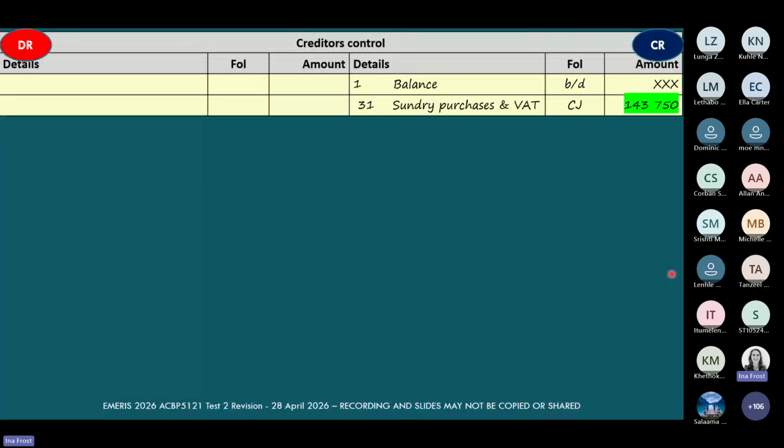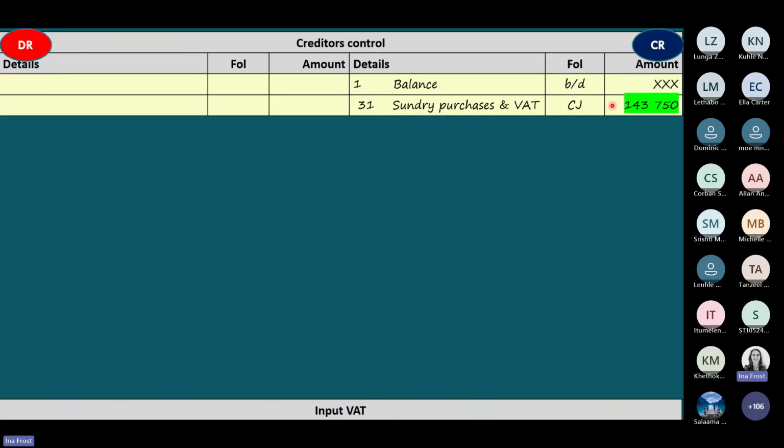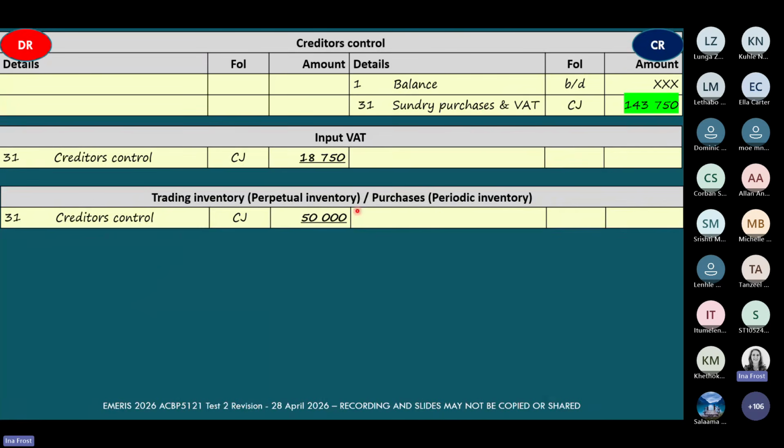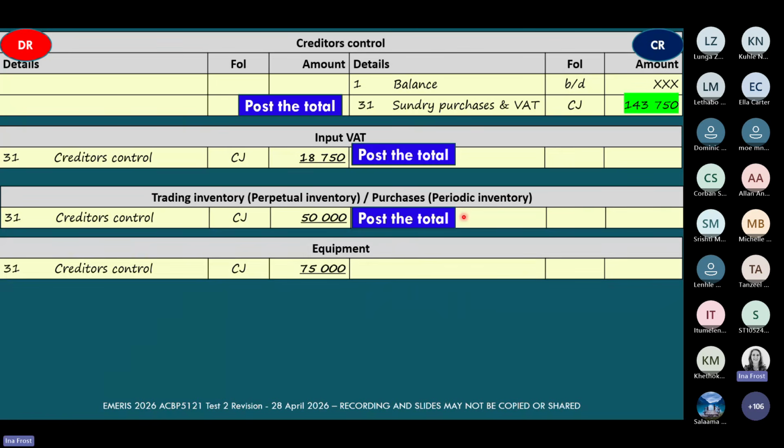So in the general ledger, it's going to look like this. We're crediting creditor's control. We're debiting input VAT, inventory, or purchases, depending on the inventory system. And again, for these first three amounts, when I post them, I'm going to post the actual total of the journal. For all these sundry accounts, I am going to post the individual transaction.